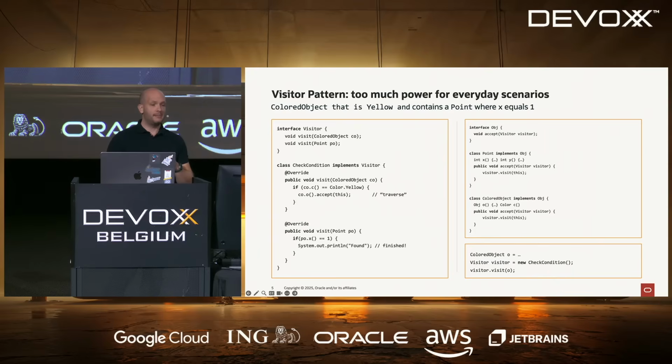This check condition implements the visitor. But now there are so many details that we can talk about. Apart from the boilerplate, there's a lot of boilerplate to set up the hierarchy. This is not easily extensible. It is using double dispatch, so you cannot really pass the visitor to an object.